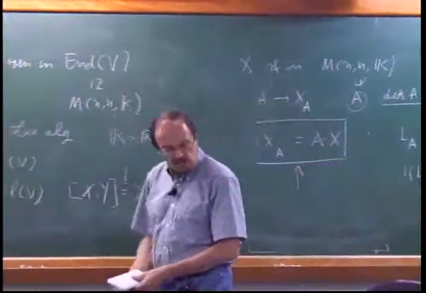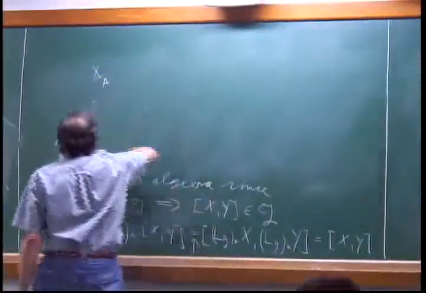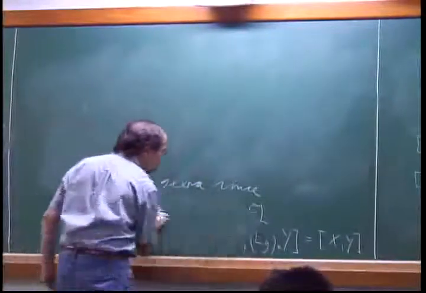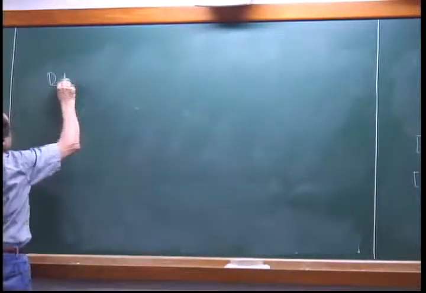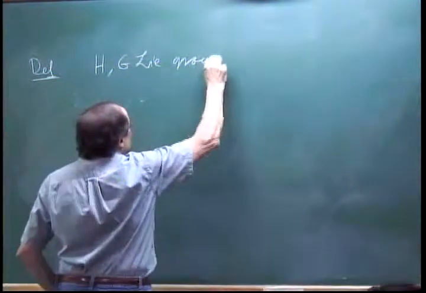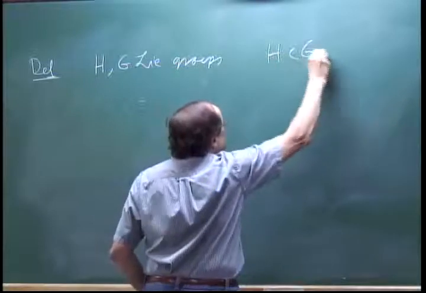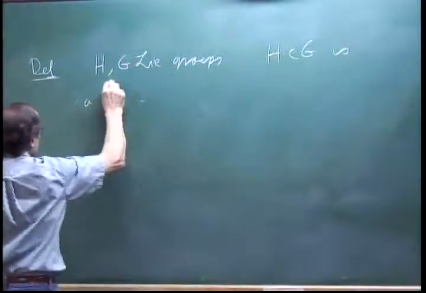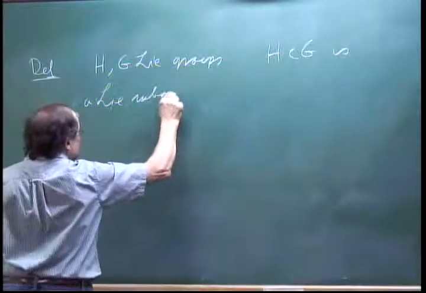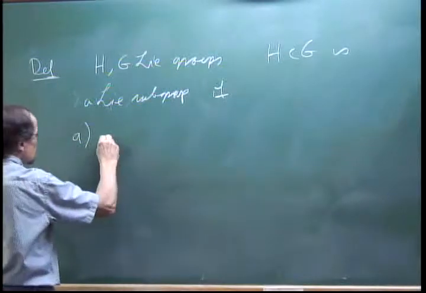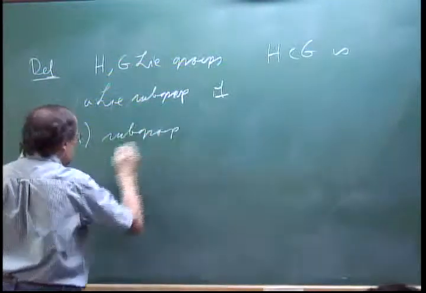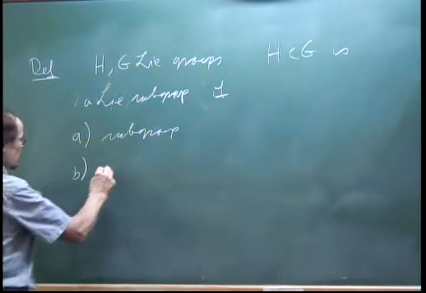Now, Lie subgroups. H and G are Lie groups. H contained in G is called a Lie subgroup if two conditions are satisfied: A, it is a subgroup algebraically, and B, it's an immersed submanifold.